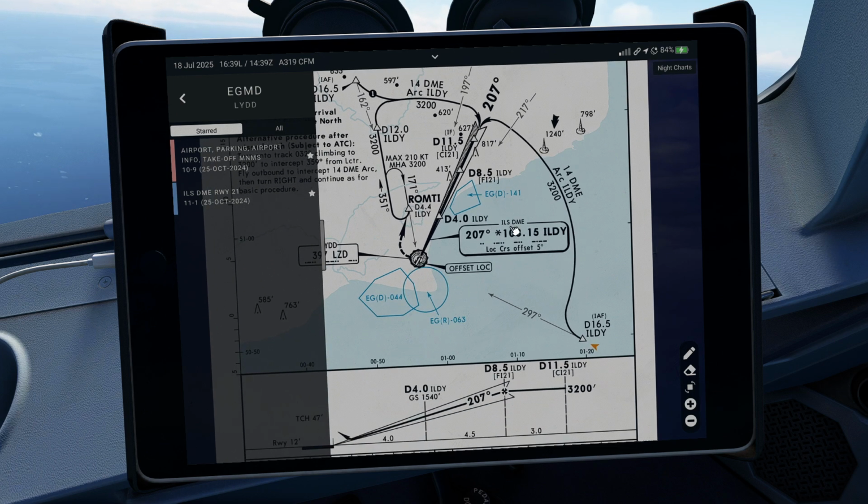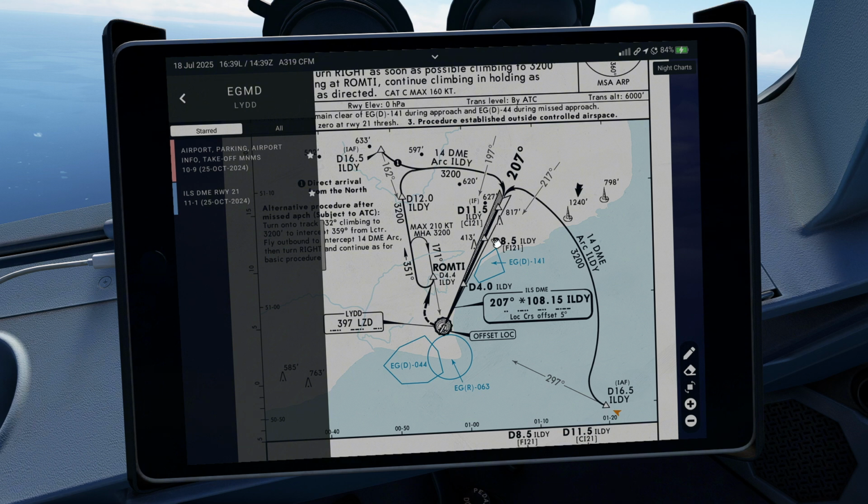Later we will see how we will handle the restriction of following this final course when reaching the final approach course, and there is a limitation for us to proceed on.